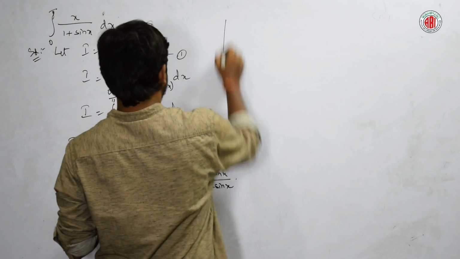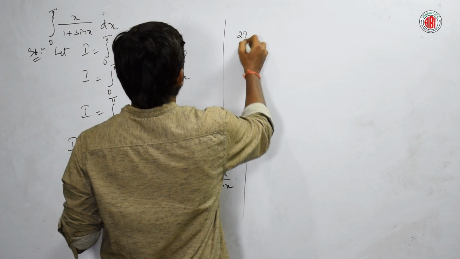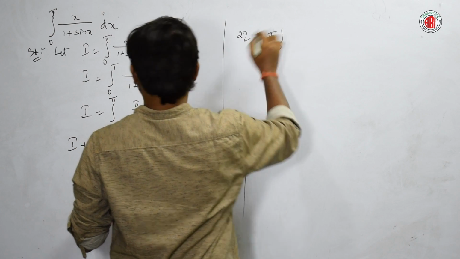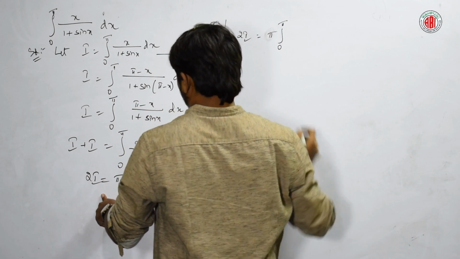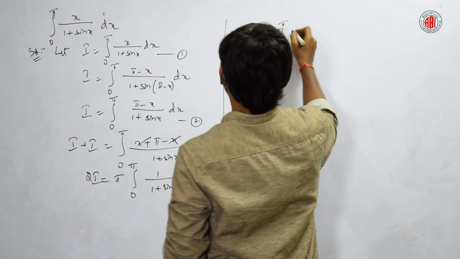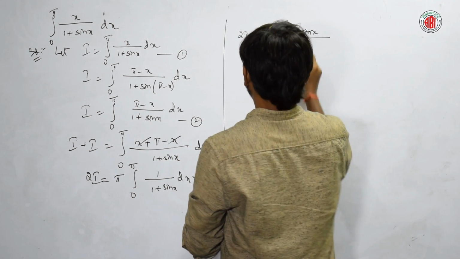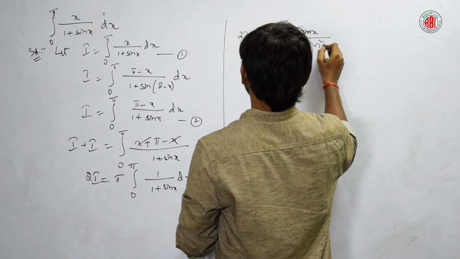So here 2I is equal to pi into integral 0 to pi of 1 minus sin x by 1 plus sin x into 1 minus sin x, that is 1 minus sin square x.